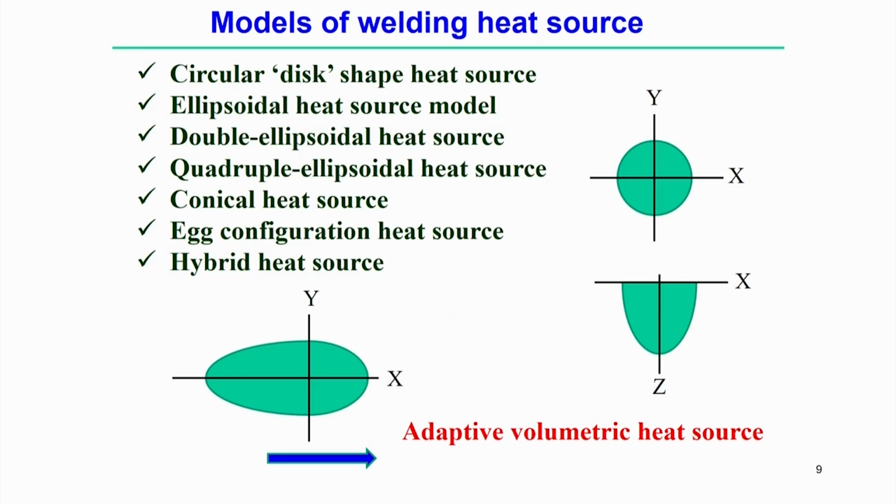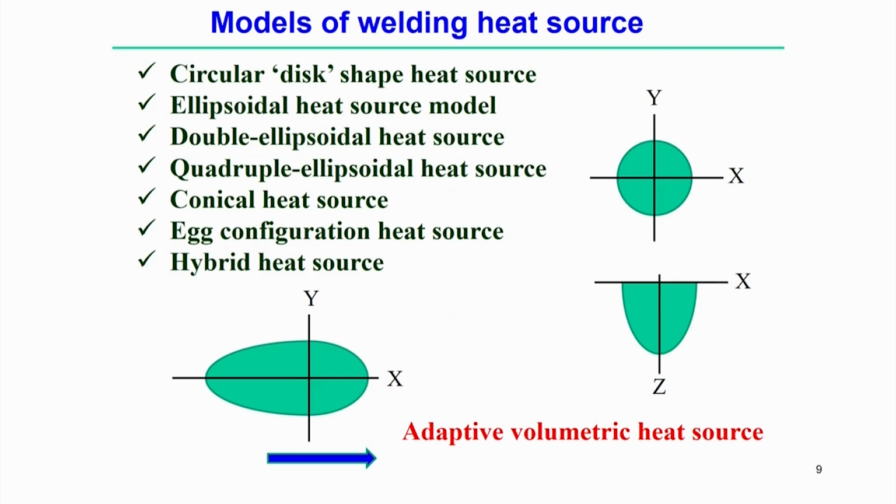Here are the models of the heat source in welding terminology. In the case of the welding process, we can find different types of heat source models developed so far, and still developing. First is the circular disc shape heat source model, then the ellipsoidal heat source model, double ellipsoidal heat source model, quadruple ellipsoidal heat source model, conical heat source model, egg configuration heat source model, and hybrid heat source model.